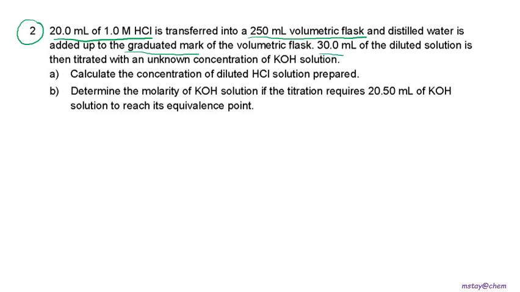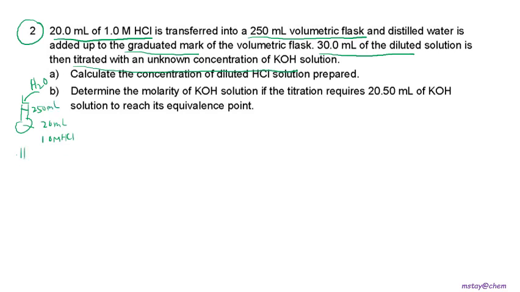Then 30 ml of the diluted solution is titrated with unknown concentrated KOH solution. So initially in the volumetric flask, we only have 20 ml of 1.0 molar HCl. Then we add in water until the mark, which is 250 ml.